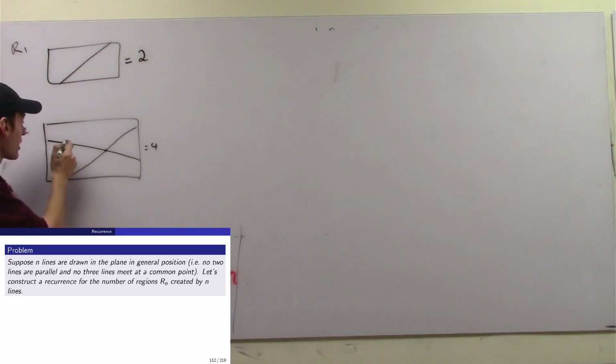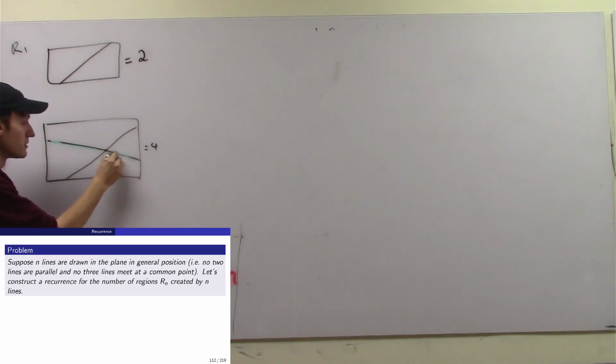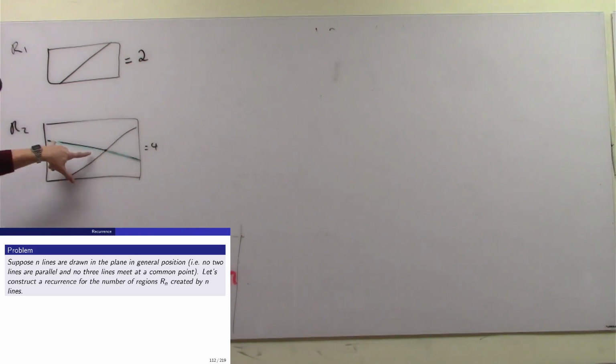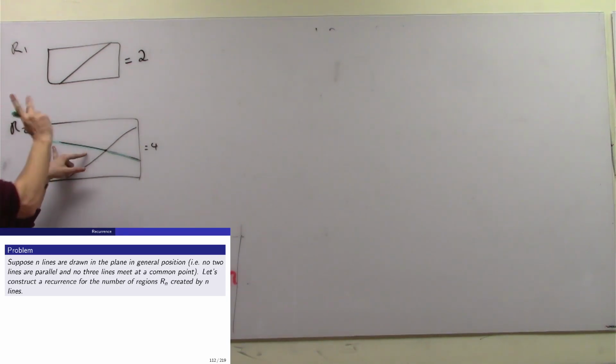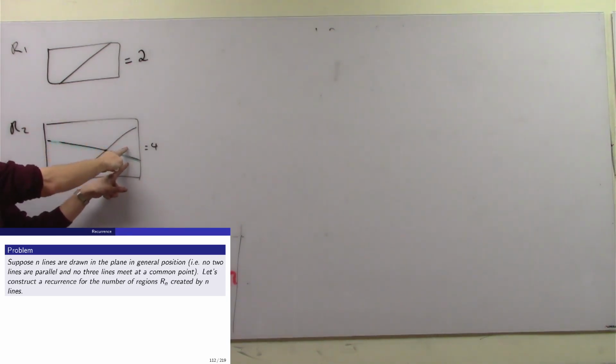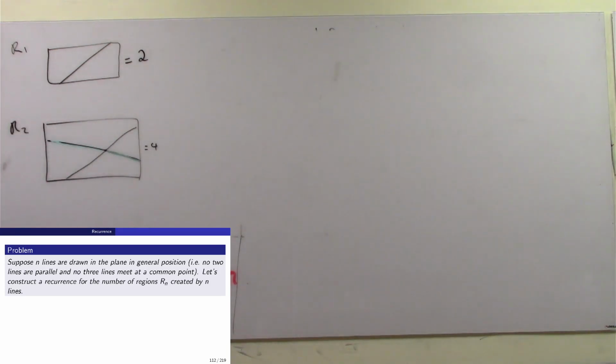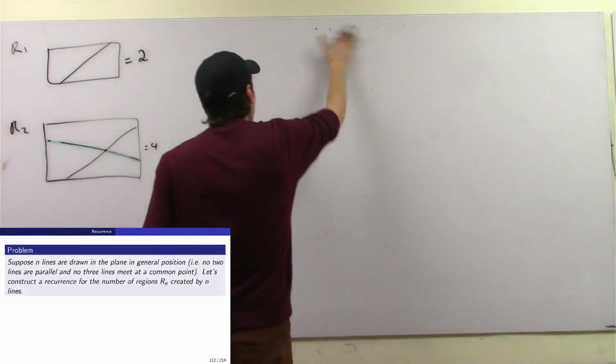So this newest line is split into these two subsegments. Each subsegment is traveling through what used to be one region, and it splits it into two. This subsegment turns one region into two regions. This subsegment turns one region into two regions. We're going to keep that idea going. Let's see what happens when we have R3.